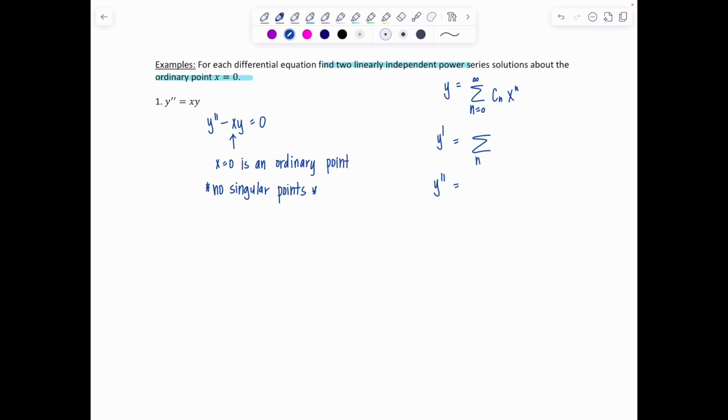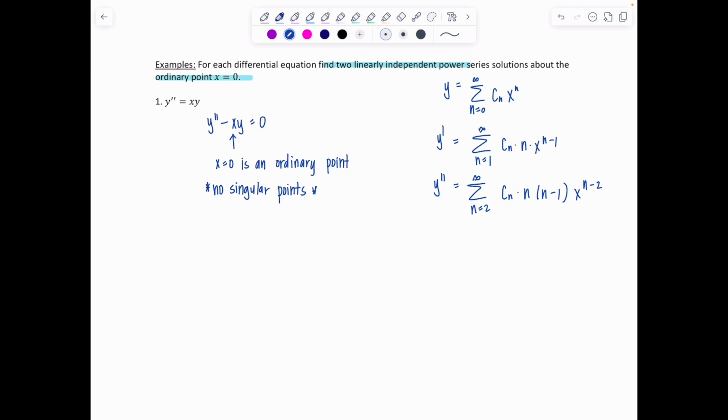Remember, we shift the index up by 1, so we'll have n equals 1 to infinity c sub n times x to the n minus 1. And then when you differentiate once again, now we shift up to n equals 2 to infinity c sub n times n minus 1 x to the n minus 2.